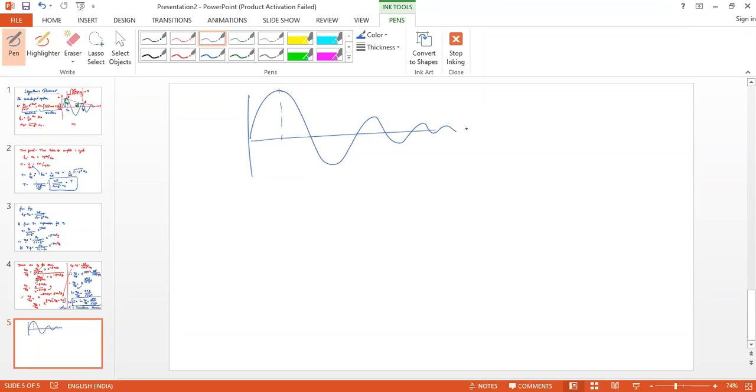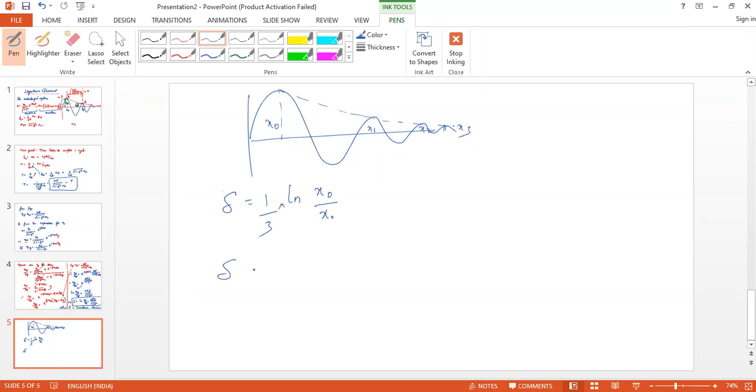If you want to know the logarithmic decrement between the first and fourth, it can be obtained by delta is equal to ln of x0 by x3, multiplied by 1 by 3, where this is x0, x1, x2, x3.